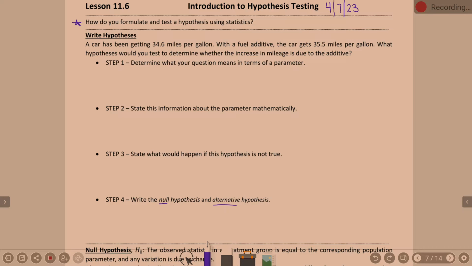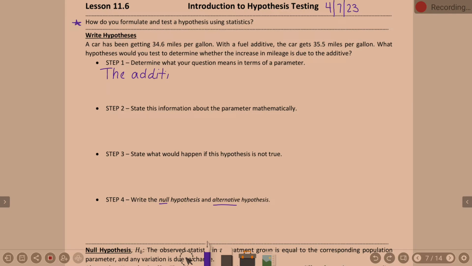Not increasing, in other words. The additive works if the gas mileage is higher when the additive is used than the mean gas mileage when the additive is not used. So the additive is doing its job. It works if the gas mileage is higher when it's used than when it's not. That's the basic gist.